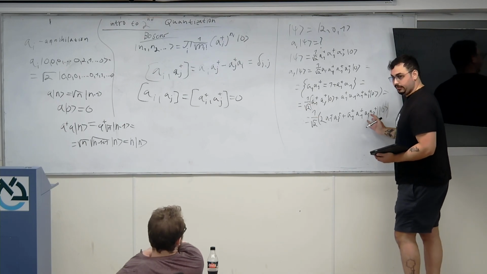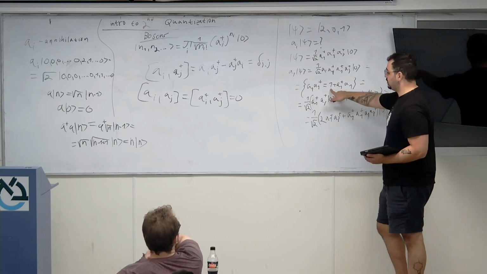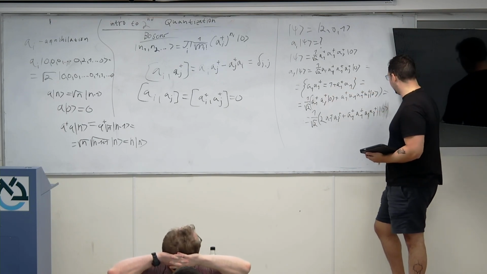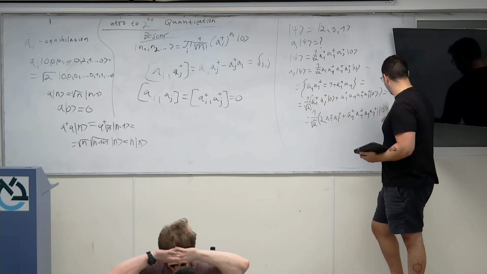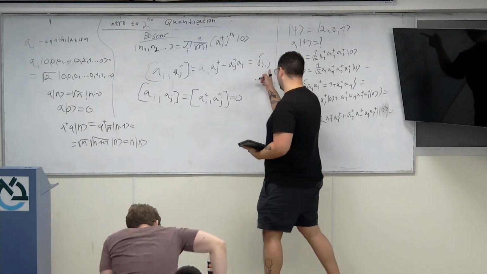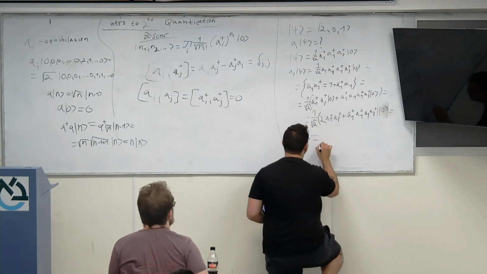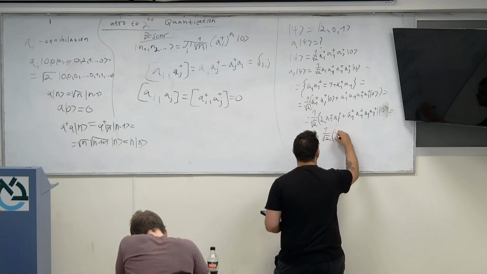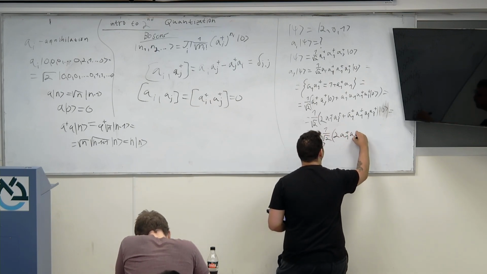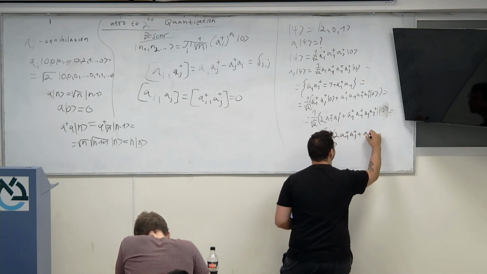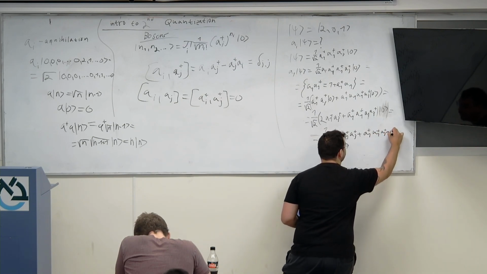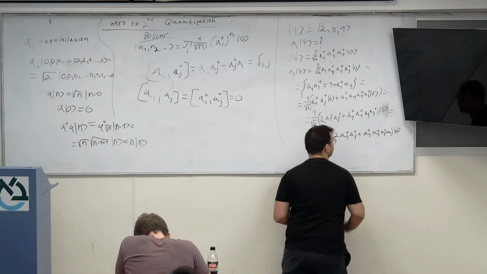And then again, I can flip these two, except this time there won't be a 1, because a1 and a3 dagger don't commute. So I have 1 over square root of 2, 2 a1 dagger, a3 dagger, plus a1 dagger, a1 dagger, a3 dagger, a1, vacuum.